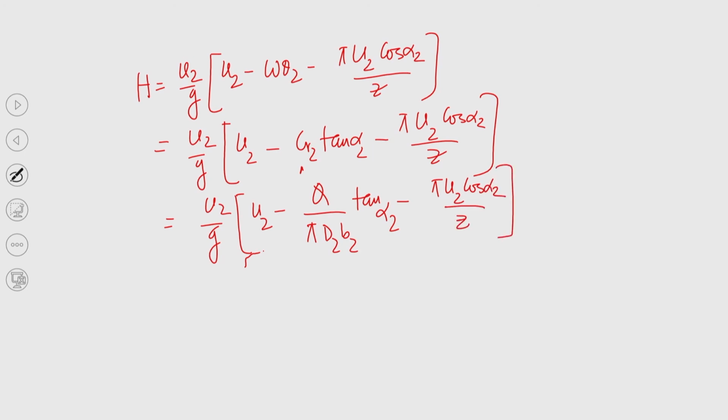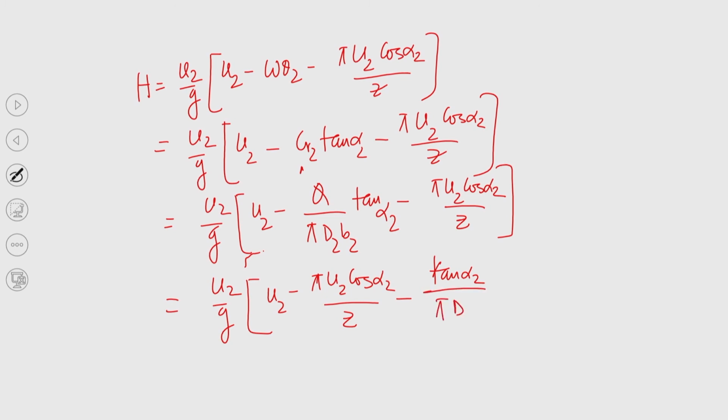So, you can understand at least this expression can be written in this form: u2 minus pi u2 cos alpha 2 by z minus tan alpha 2 by pi d2 b2 into Q. So, at least now this expression is closer to what we need to establish. So, H equal to some constant minus something into Q.